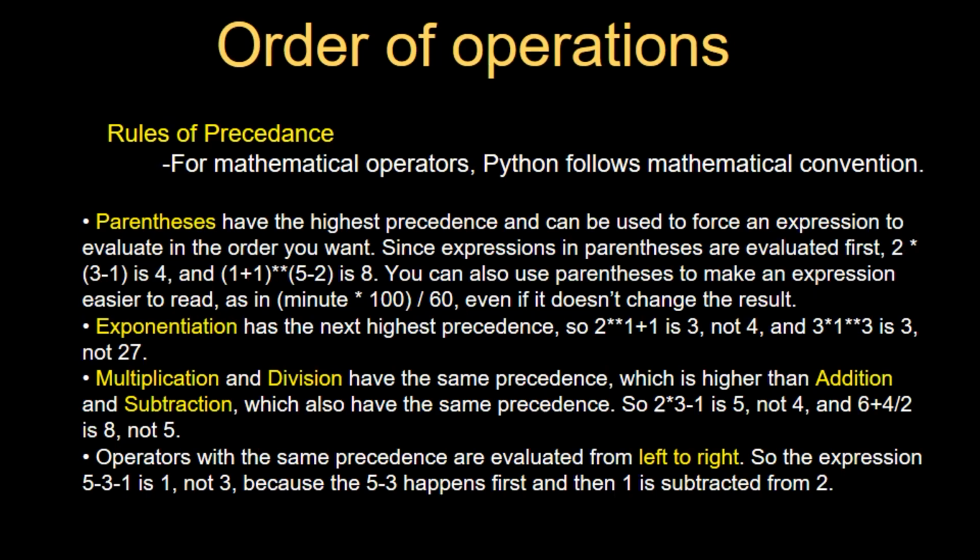And 1 plus 1 is 2, raised to 5 minus 2, that is 3. So that is 2 raised to 3, which is 8. So you can also use parentheses to make an expression easier to read, as in (minute times 100) over 60. So same lang.